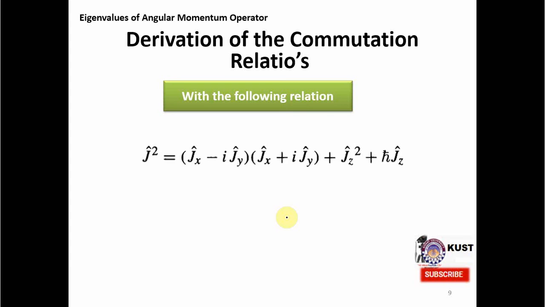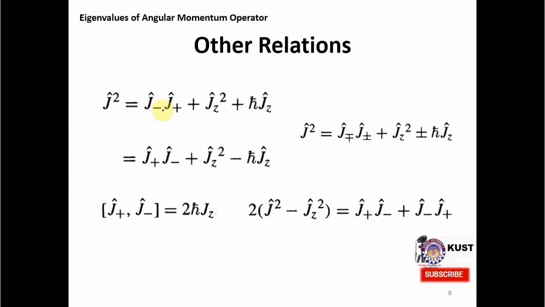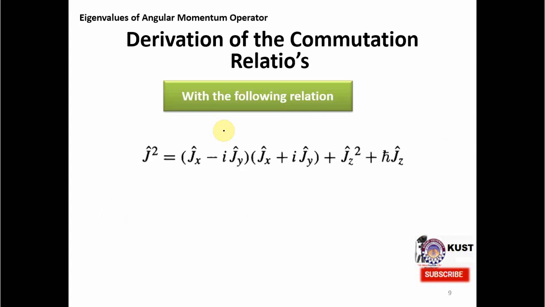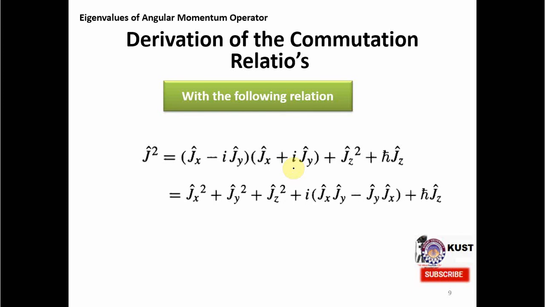As I have mentioned in this first property, j square is equal to j minus j plus, plus jz square, plus h bar jz. So let's derive this first one. Just to give you a quick version of the calculation, put in the values of j minus and j plus and do the simple calculations, and you will get this one. The next step is very obvious: you just multiply all the components, jx square, jx jy, jy jx, and jy square.